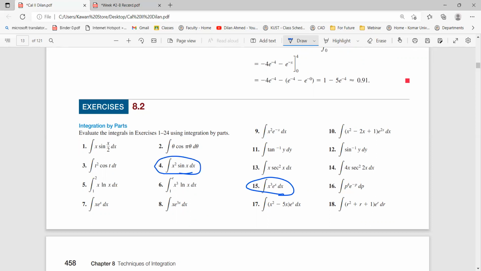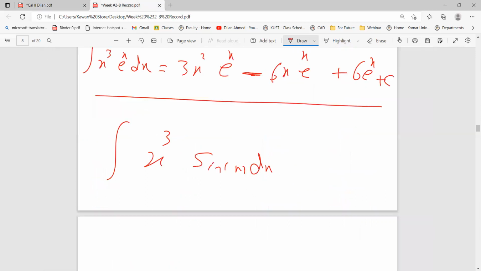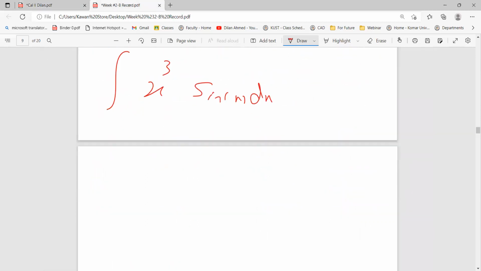So how do we solve that one? Let me change it to 2 for you. The same. X to power 3 is harder. So how do you solve that one? At least we need 2 udv. So I'm going to write F, write G, and I say x squared, and I say sine of x.